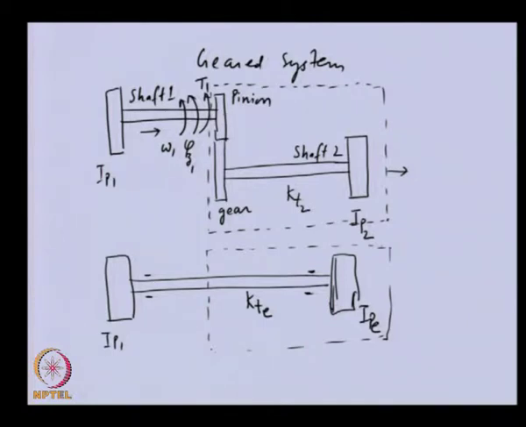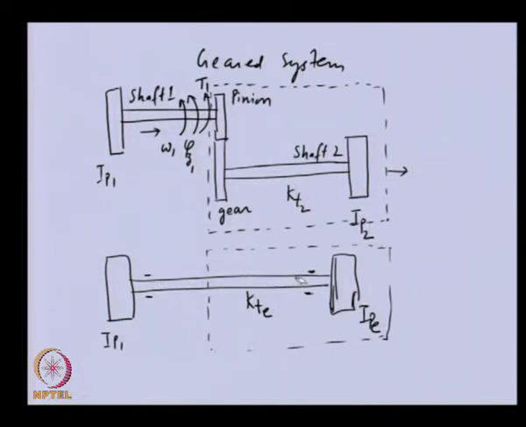Here our aim is to obtain this equivalent system: we find the new polar moment of inertia of this flywheel and the new torsional stiffness of this shaft in this equivalent single shaft system.